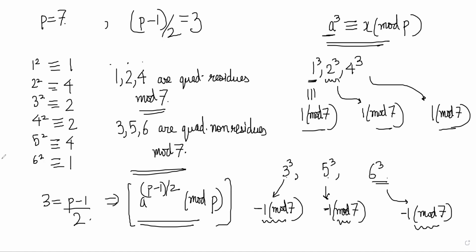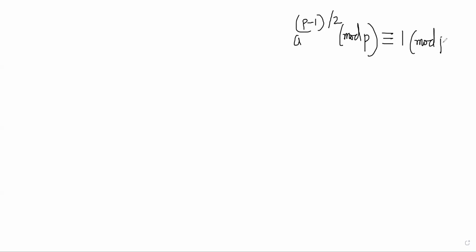So I'll just write down the conclusions from this experiment. We are getting a power p minus 1 by 2 mod p is congruent to 1 mod p if a is a quadratic residue mod p, right?